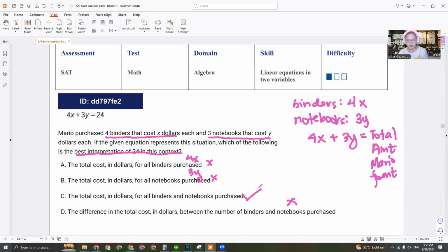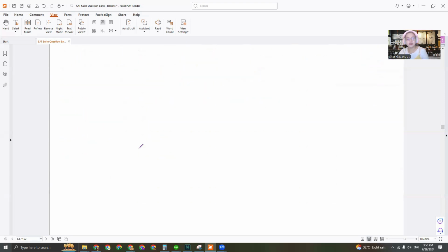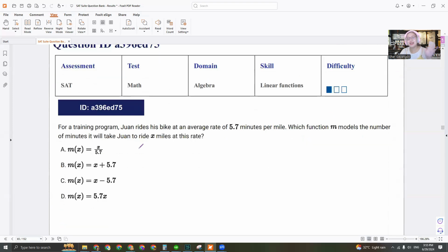So that's just a throwaway choice. I hope this explanation helps you. And again, whenever you're dealing with problems like this, immediately identify the components to help you not get confused with the choices. Because sometimes SAT loves giving tricky choices for problems like this.